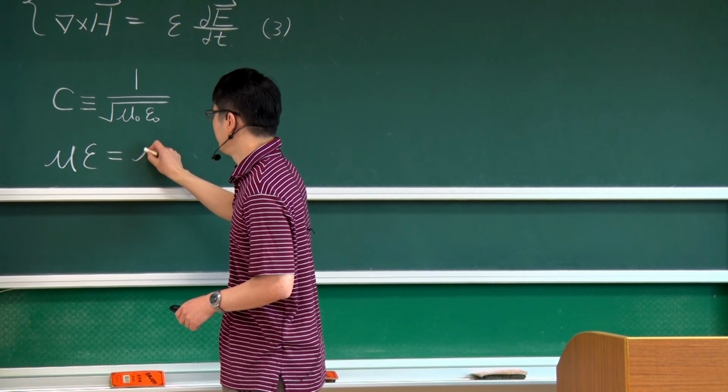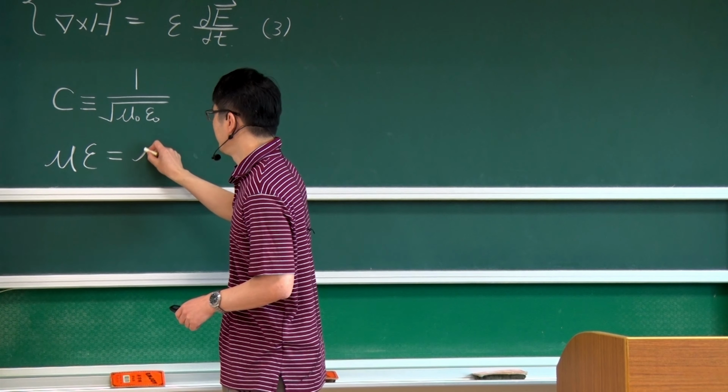So this is mu r, epsilon r over c squared. You change this one and you square it. So all that I changed is mu times epsilon is equal to this one.